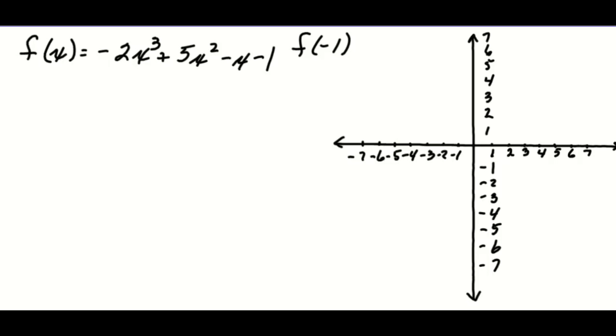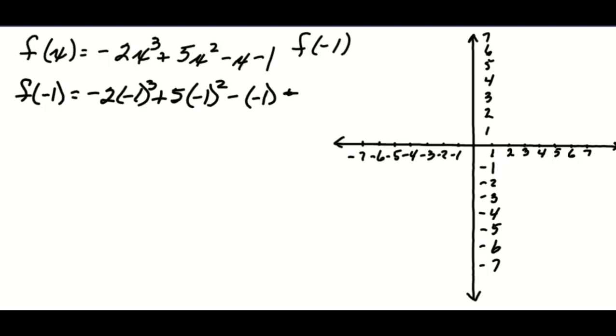I'll show you how this works. Instead of writing a function of x now, we just write f of minus 1 equals negative 2 times negative 1 cubed plus 5 times negative 1 squared minus a negative 1 minus 1.